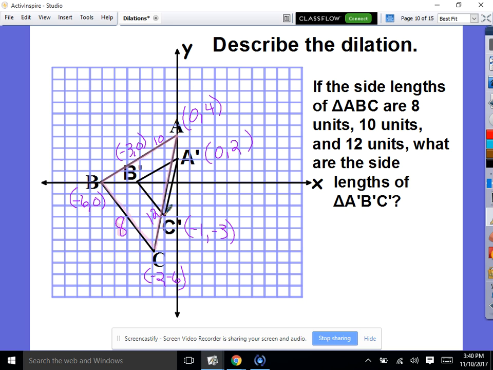So if we know the side lengths of one of the triangles, we can find the side lengths of the other triangle using the scale factor. So our scale factor on this was 1/2.